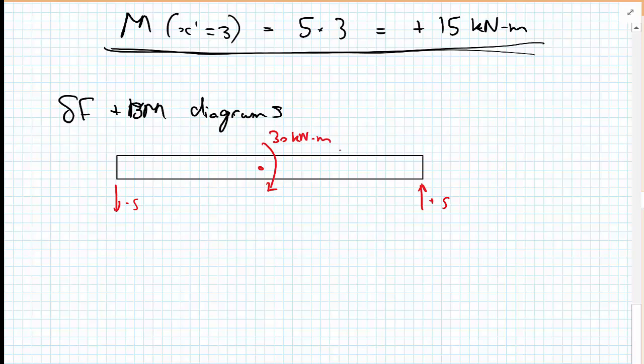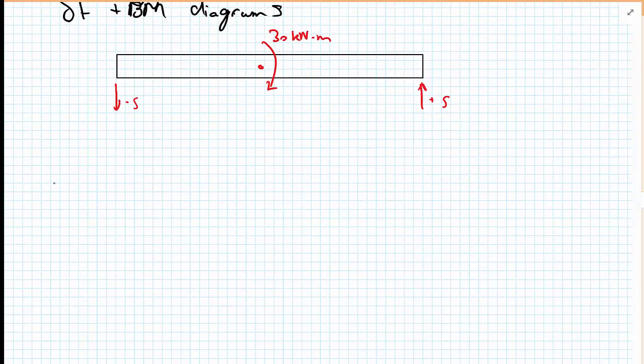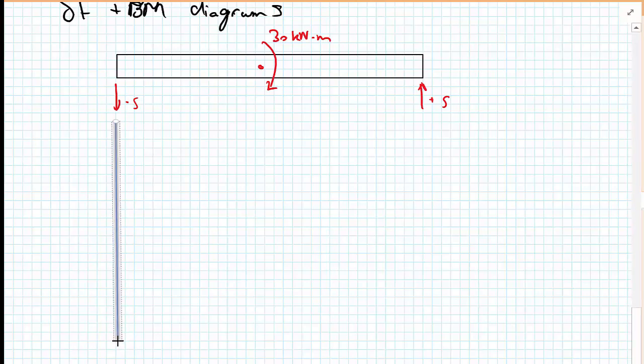Written as positive because the arrow is telling us that it's going anti-clockwise. And then we draw some straight lines down to where we're expecting to get changes in our shear force diagram. We've already seen we do because we've previously calculated the equations and the values at those points. And then finally one at the right hand side.